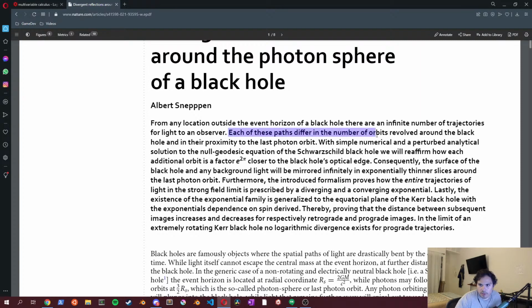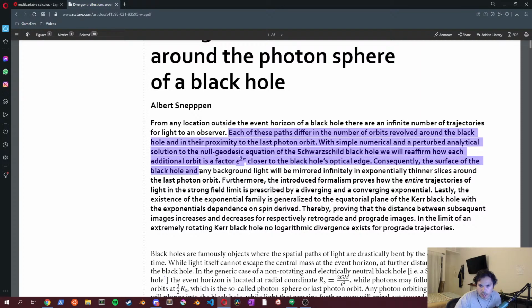So each of these paths differ in the number of orbits revolved around the black hole and in their proximity to the last photon orbit. With simple numerical and perturbed analytical solutions to the null geodesic equation of the Schwarzschild black hole, we will reaffirm how each additional orbit is a factor of e^(2π) closer to the black hole's optical edge.